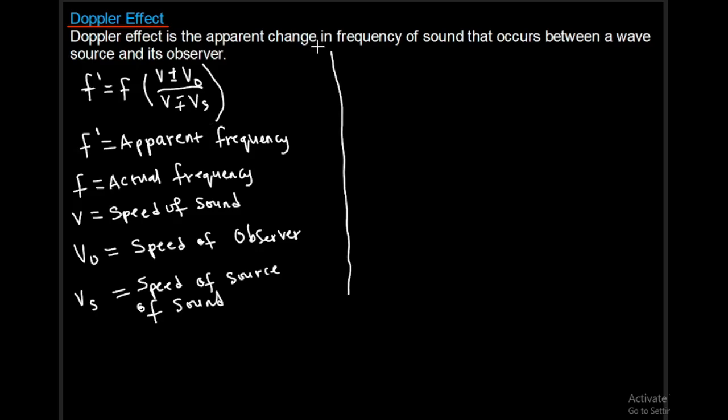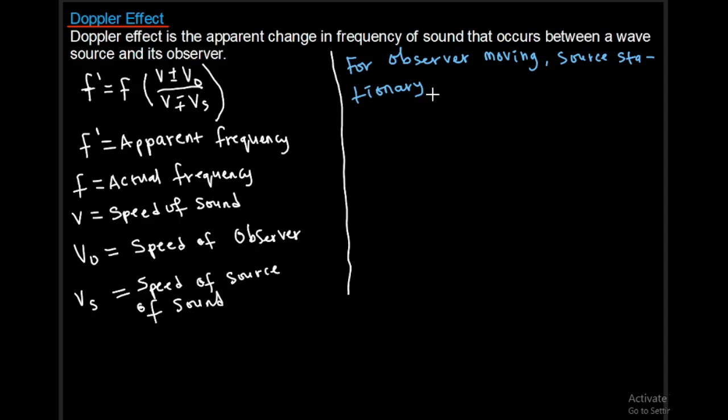Now, we also have cases where the observer can be stationary or the source can be stationary. In that case, you just need to understand this. If you have a case for the observer moving and the source stationary, source stationary simply means the source is at a spot, it's not moving.